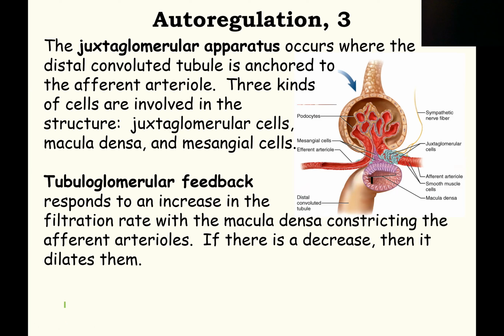You have juxtaglomerular cells, and that's these turquoise colored cells that are wrapped around the afferent arteriole. You have modified cells in the distal convoluted tubule called the macula densa. And then in between, filling in that space, is the mesangial cells.